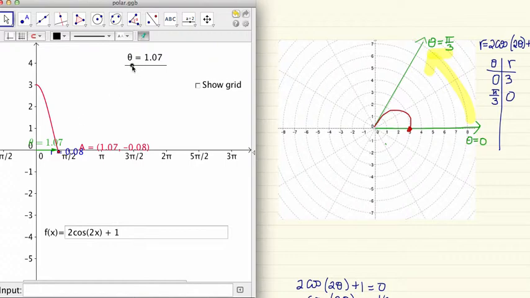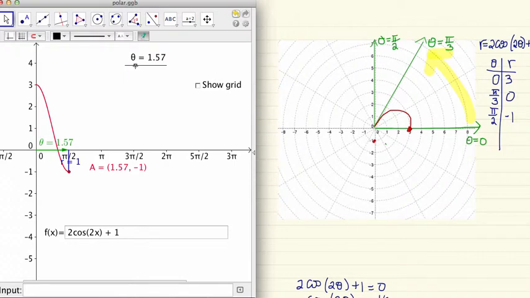Okay, now we'll make our way through the rest of quadrant 1. So the next point on my list is going to be pi over 2. And r is going to be minus 1 there. So theta equals pi over 2. That is the positive y-axis, but r is minus 1, so really my point is going to be on the negative y-axis, 1 unit away from the origin, so that's right there.